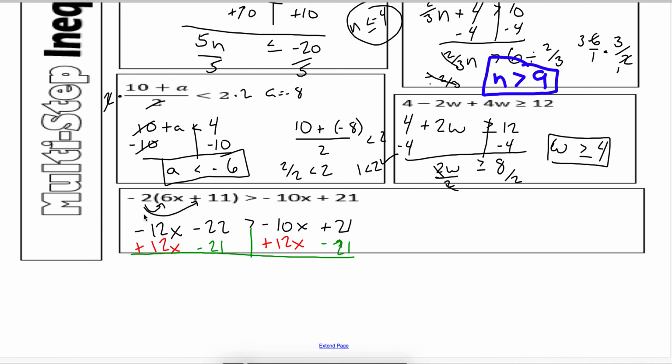Let's pull this down. I'm going to go back to black. Negative 12x plus 12x is 0, cancels out. Negative 22 minus 21: 2 plus 1 is 3, 2 plus 2 is 4, and that's a negative. We're going small and getting smaller. A negative minus a positive number is going to be a smaller number, which is greater than, and negative 10x plus 12x is going to be 2x.